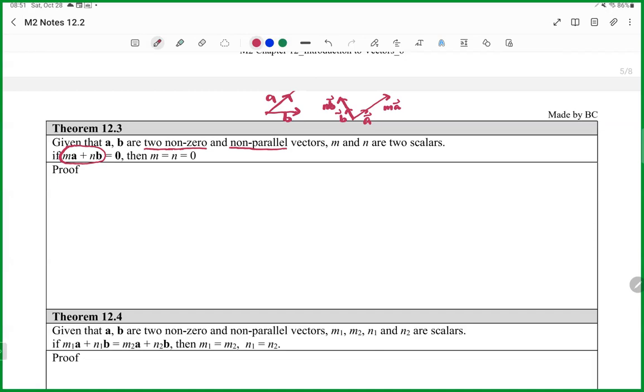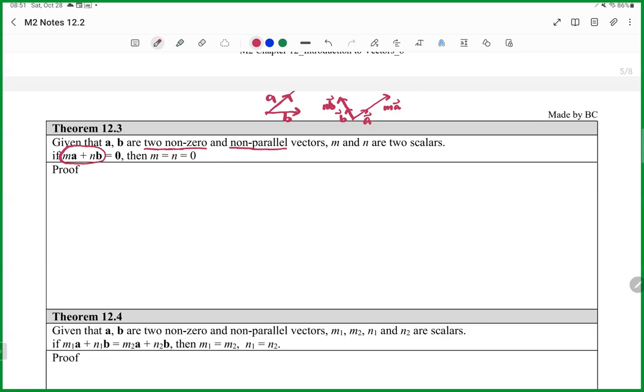If their combination is a zero vector, now you can see from the figure that no matter how I extend A and B, these two vectors will never give you a zero vector. So if their combination is zero, that means the coefficients are zero. That's the only way to get zero. To prove it, it's like this.